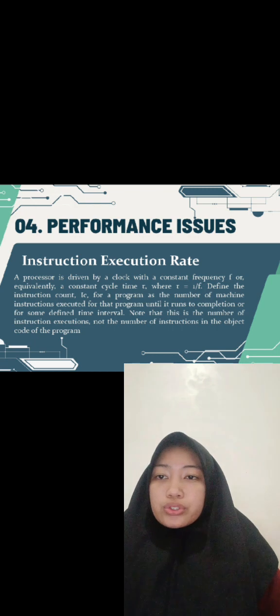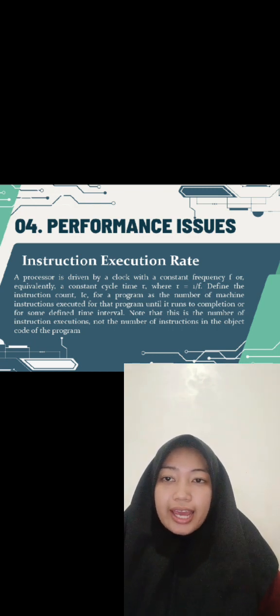Performance issues. Instruction execution rate. A processor is driven by a clock with constant frequency f or, equivalently, a constant cycle time t, where t = 1/f.